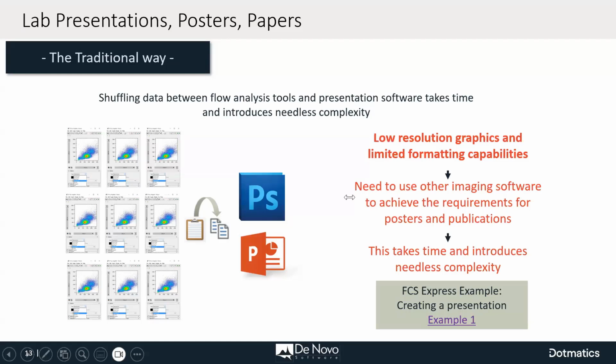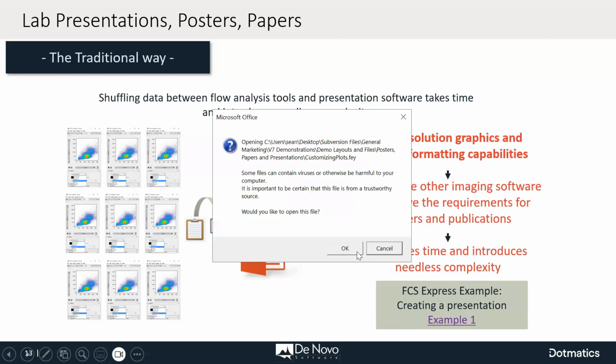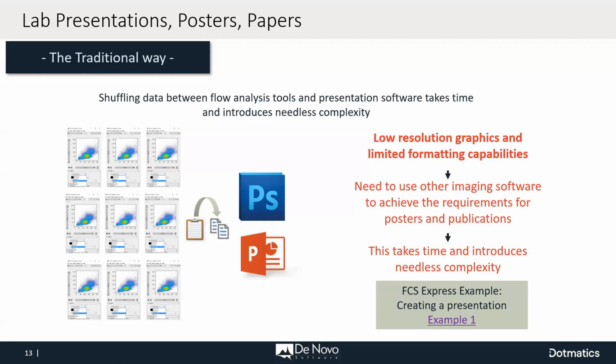They have to use other imaging software to get things out to 300 DPI because that's what the publisher wants. And that takes time and introduces needless complexity for what can be made a lot easier using FCS Express.